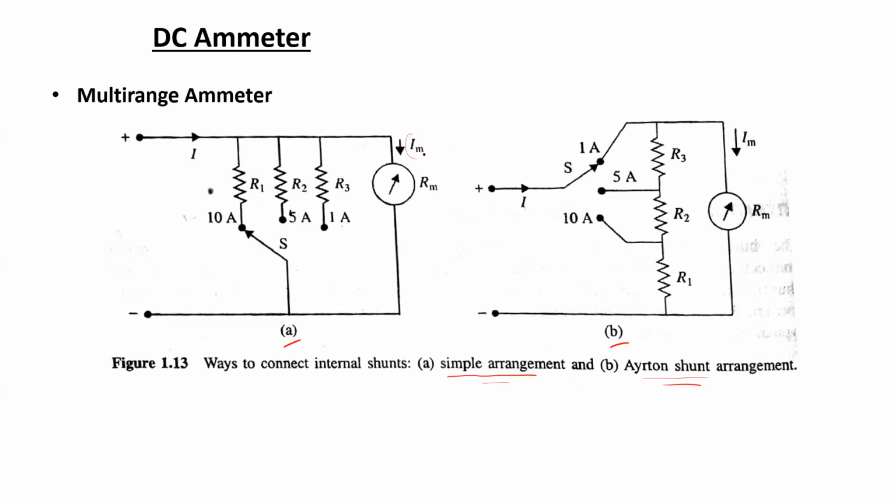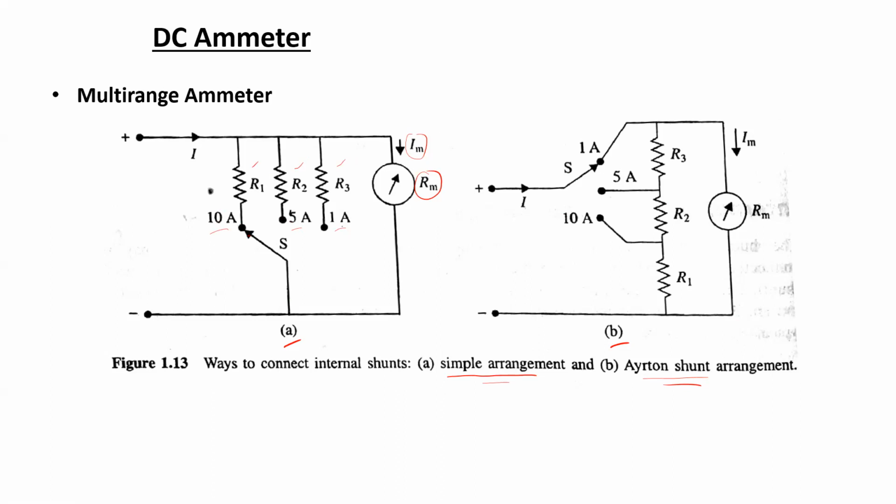So IM and RM is supposed to be fixed for a particular PMMC. Now, depending upon the calculation for RSH shown in the previous slide, the values of R1, R2 and R3 can be determined in order to enhance the range up to 10 ampere, 5 ampere, or 1 ampere.